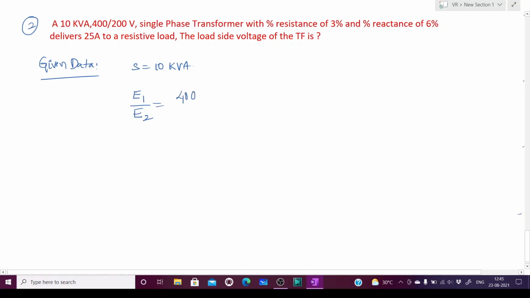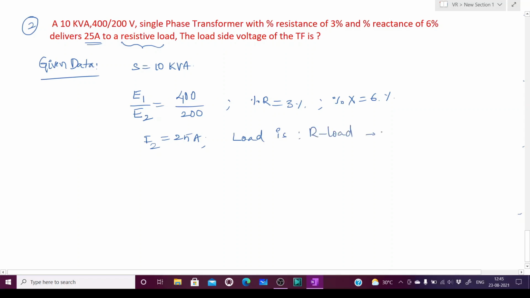So it is a 400 by 200 single phase transformer with percentage R equal to 3%, percentage X is 6%, and then it delivers 25 amps, nothing but load current I2 is 25 amperes, and he has also mentioned that the type of load is resistive load. The load is R load.